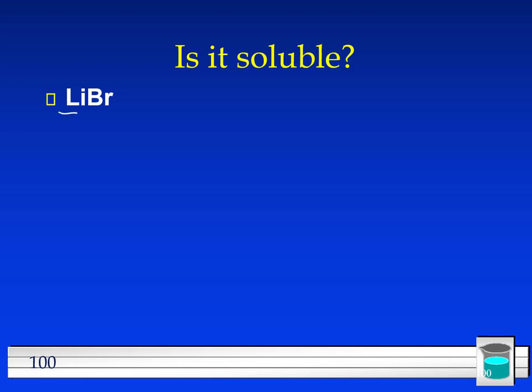So is Li an alkaline metal? Yes. What does it say about alkali metals? Alkali metals are soluble. So I could put aqueous next to this, or I could say it's soluble. Either way. And why is it soluble? Because lithium is an alkaline metal.